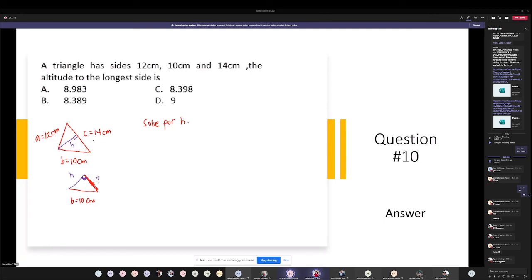So we cannot use the Pythagorean theorem. But we have two more interior angles that we can solve for, and just use one of the trigo functions: either sine, cosine, or tangent.